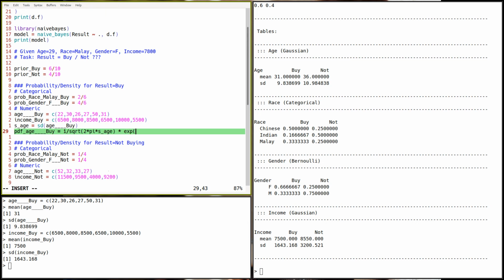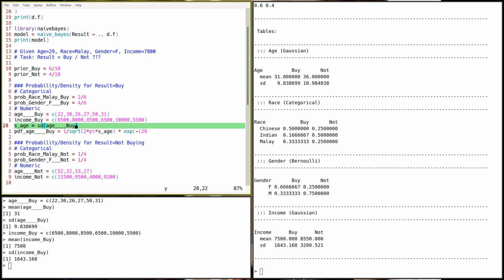Multiply with the exponential function of minus 0.5 times (x minus the mean of age) squared over s_age squared. What is x? x is the age, which is given here. Just look at it, 39. So that's why here we have 39.